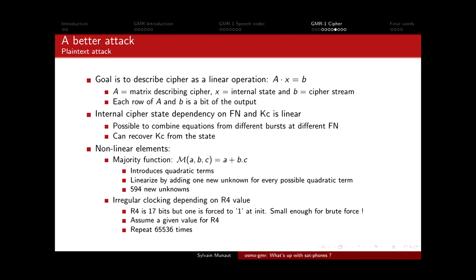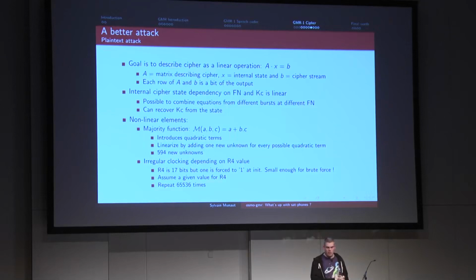X is some representation of the internal state of the cipher that you're trying to find. And A is a giant matrix that you can pre-compute that's only dependent on the structure of the cipher. Each row of A and B basically represents 1 bit of the output and how to combine that internal state to generate that cipher stream bit.